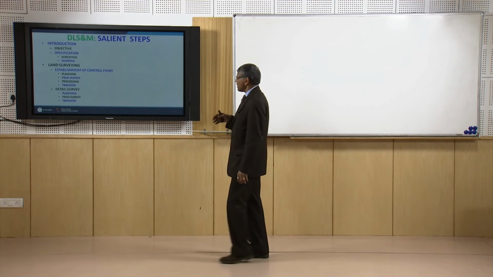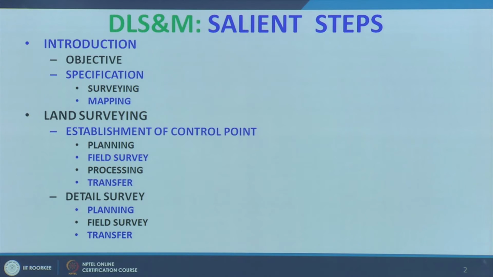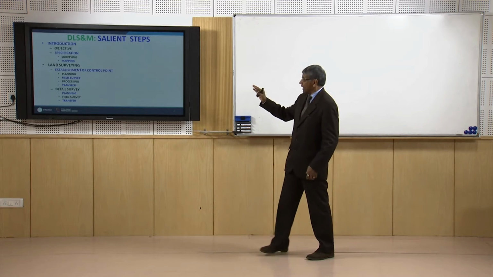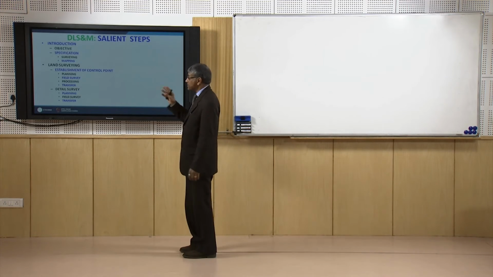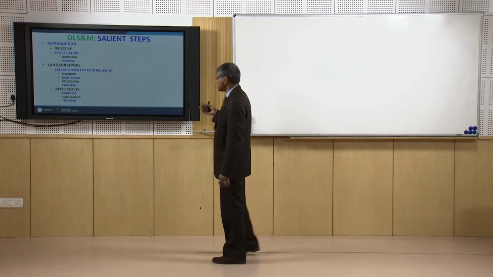Now once the data has been processed and we got the point, then we should transfer the data. The further detail about the control point establishment will be discussed in our next class.